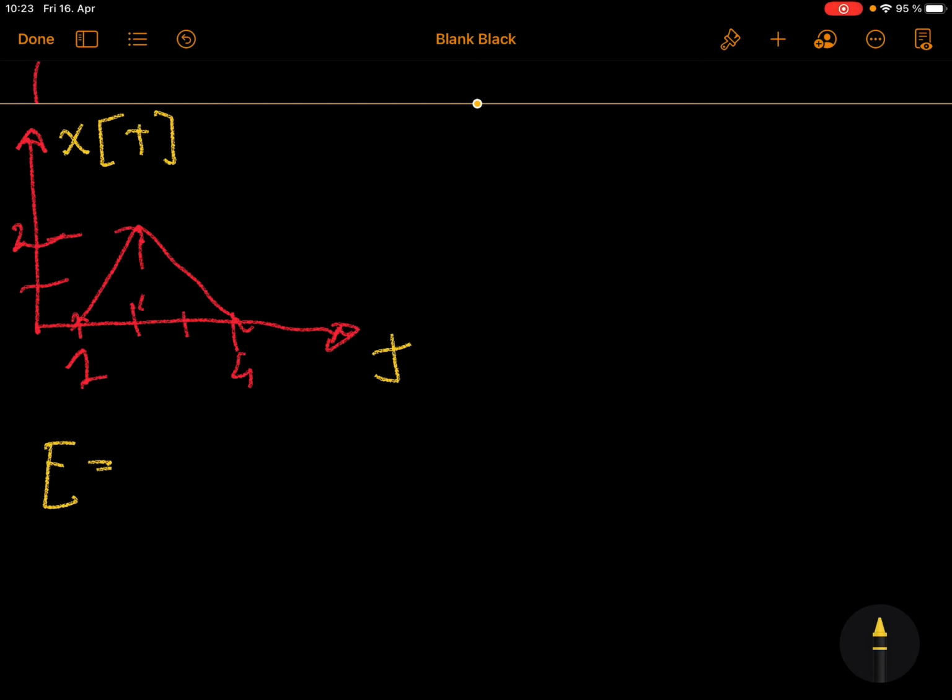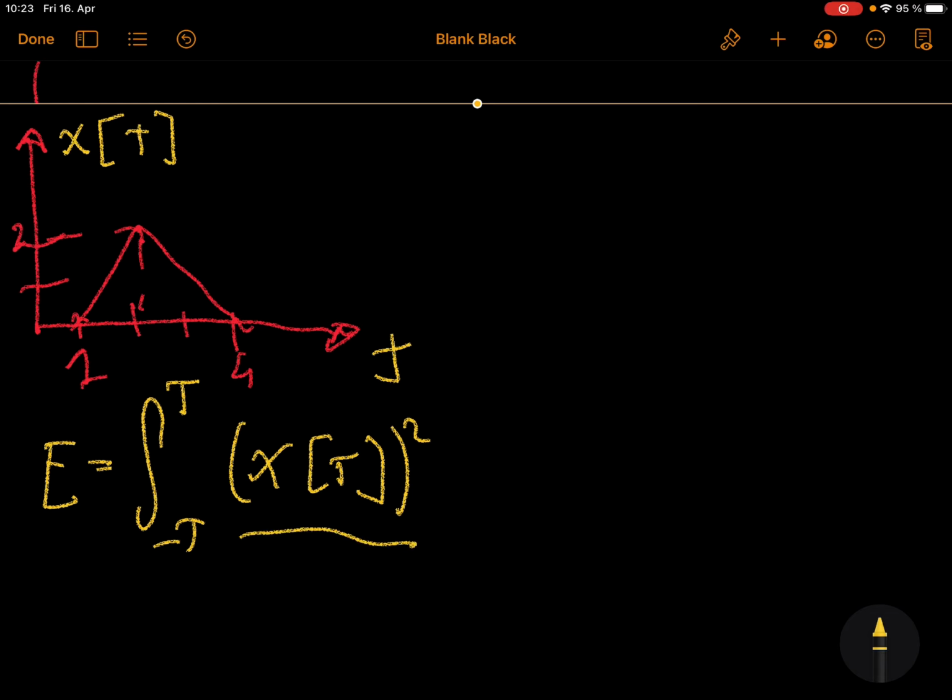So it's going to be again the integral between minus t and t of x of t squared, everything divided by 3. Again it's pretty much the same. We take x of t squared divided by 3 outside, dt, I forgot.